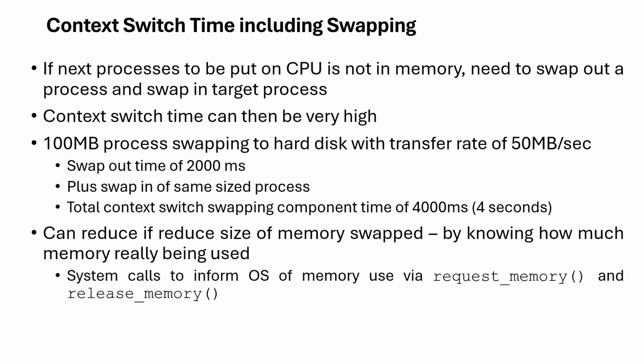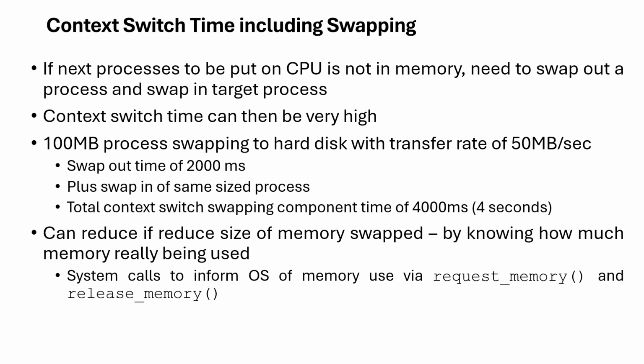Then context switch time including swapping. If the next process to be put on the CPU is not in memory, we need to swap out a process and swap in the target process. Context switching time can then be very high. Take a 100 MB process swapping to a hard disk with a transfer rate of 500 MB per second.